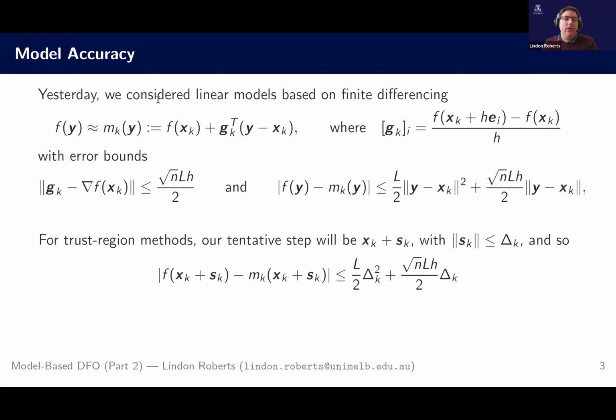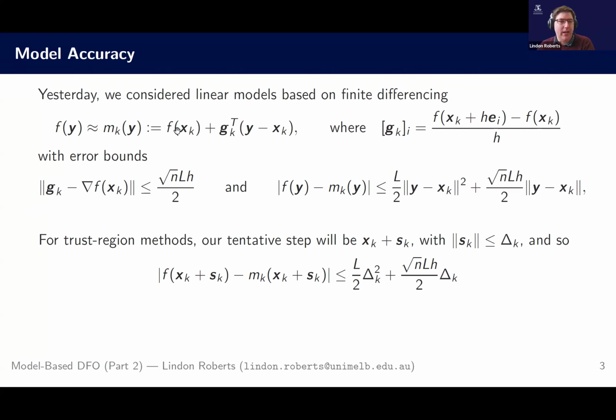In the trust region method, what we do know is that the step we're going to take, we're going to move from x_k to x_k plus s_k, where our step s_k is of length at most delta. So if we think about what that's going to mean from an error point of view, quite naturally, we'd take this model error bound and plug in our new point into here.